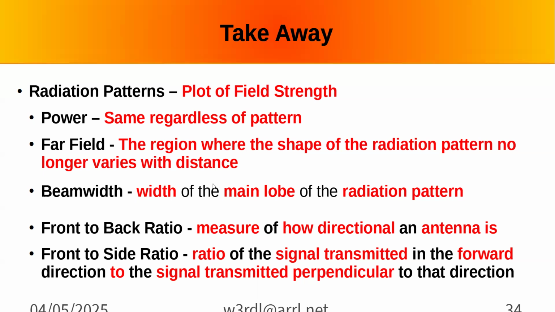The front to back ratio is how directional it is, which is just the difference between the dB level of the rear lobe versus the front forward lobe. And usually the maximum lobe is plotted as 0 dB as your reference point, and everything's relative to that. Front to side's the same way. You're doing the front to a side lobe as opposed to a rear lobe.